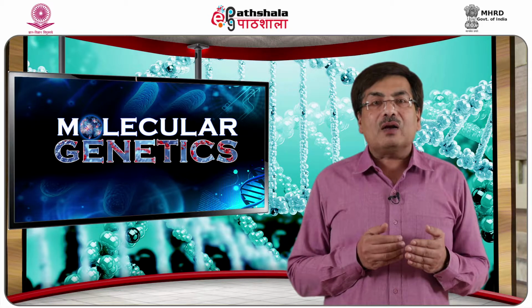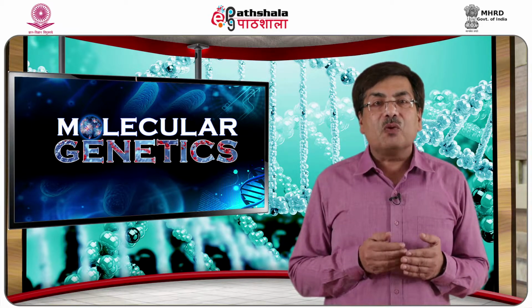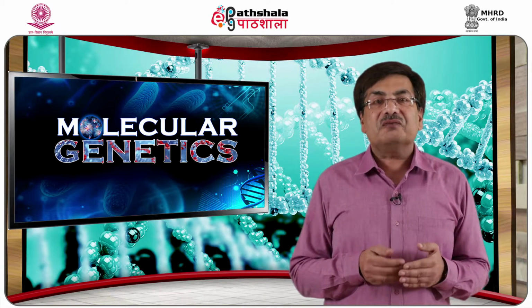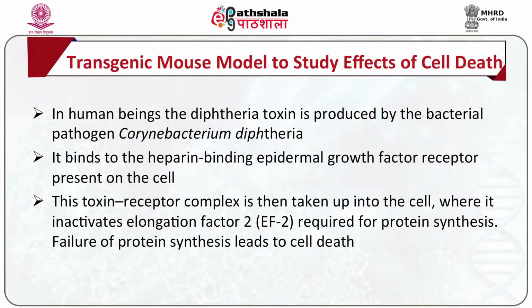Transgenic mice are also used as models to study the effect of cell death. In human beings, diphtheria toxin is produced by the bacterial pathogen Corynebacterium diphtheriae. It binds to the heparin-binding epidermal growth factor receptors present on the cell.